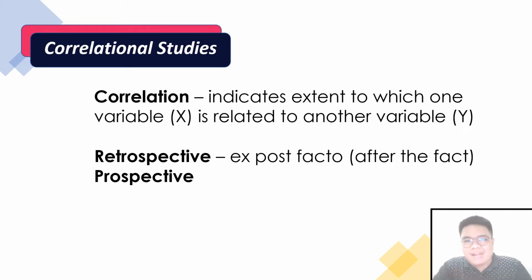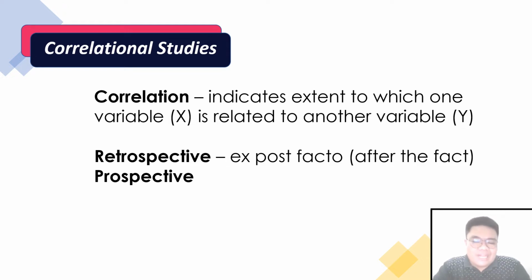Knowledge, attitude, and practices studies are usually correlational studies because they would want to correlate if the level of knowledge would be related to the level of attitude towards a certain substance, and then their practices related to this. So this is actually a test of the theory on knowledge acquisition that checks whether all of the knowledge that we had will lead to practices. So you have the correlational studies. It tries to check the relationship between two variables.